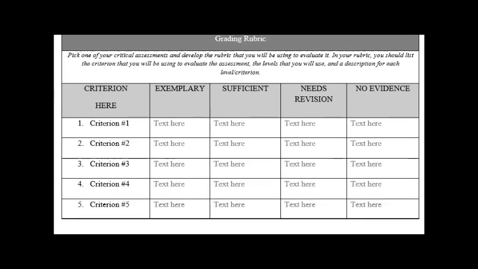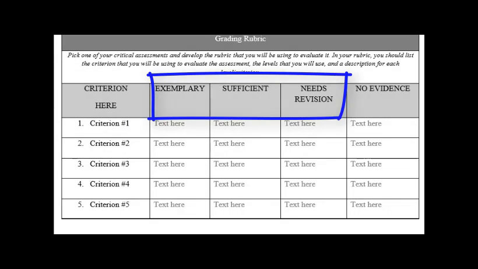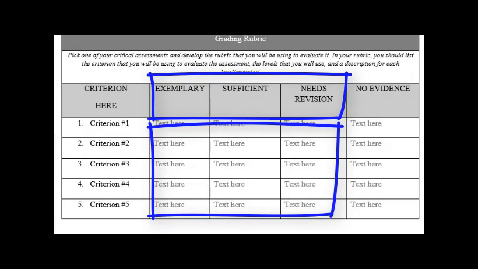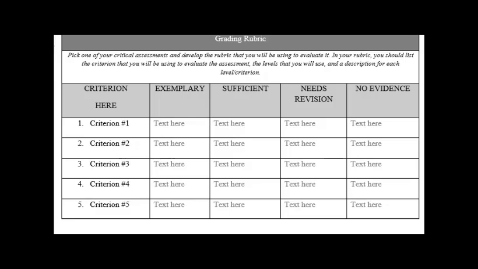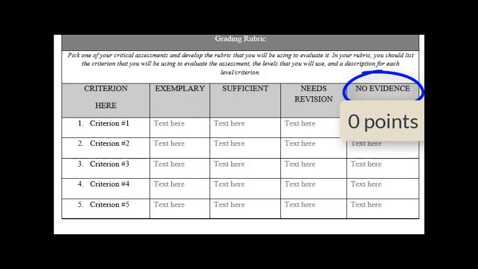Finally, in stage 2, we will create a grading rubric, which will allow you as the instructor to evaluate the progress of the student. You will think about the criteria used to evaluate the assessment, the levels you will use, and the description of each section. You can create your own evaluation levels, and you always want to have a level of no evidence provided.